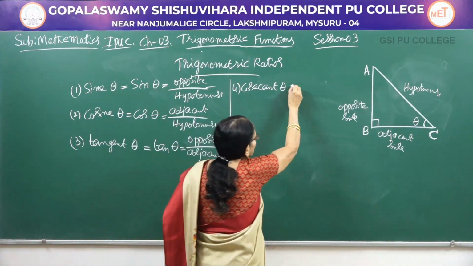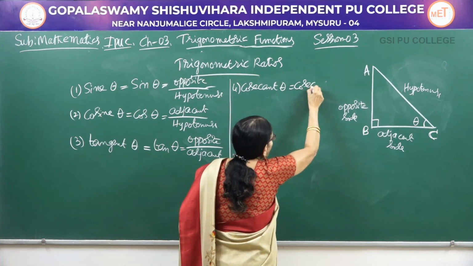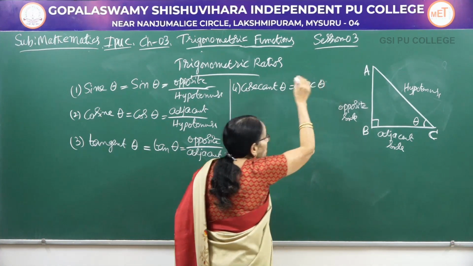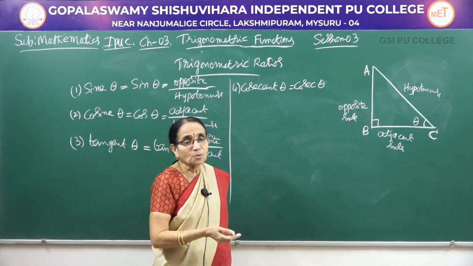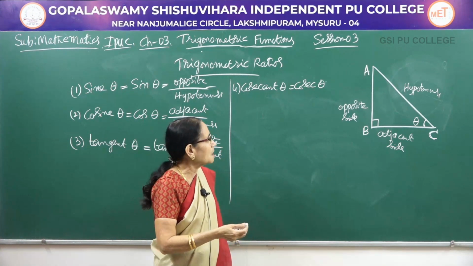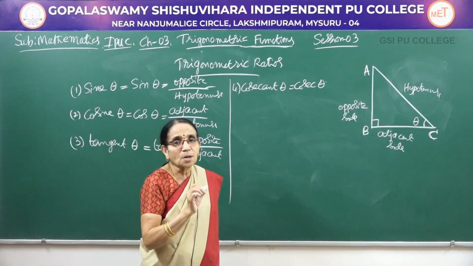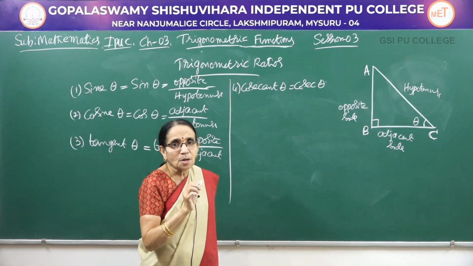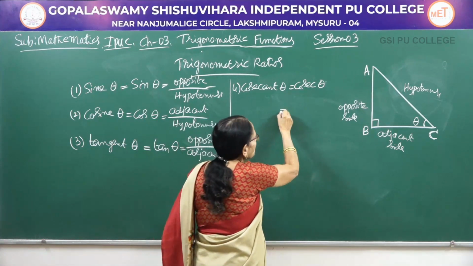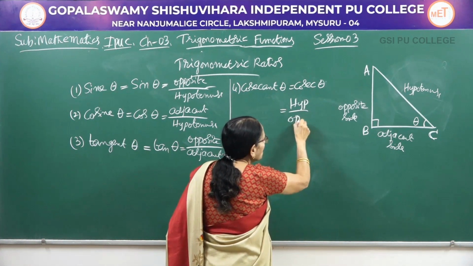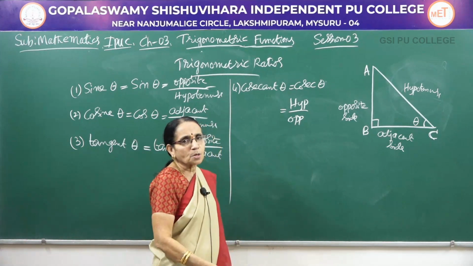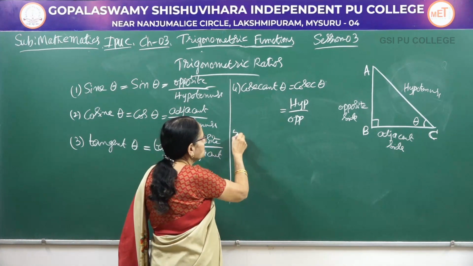So, only for this particular ratio, we take the first 5 alphabets. Don't read it as cosec. Some pronounce it as cosec. It is rather odd. Better you read it as cosecant. You pronounce it as cosecant theta. And how do you define this one? It is the hypotenuse divided by the opposite side.